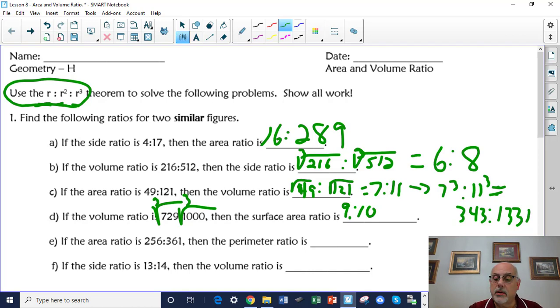Now to get surface area, you have to square those. So 9 squared is 81 and 10 squared is 100. So you start out with the ratio of the volumes, 729 to 1,000. You had to bring it back to the ratio of the sides, which is 9 to 10. Then you had to square that to get the ratio of the areas, okay?